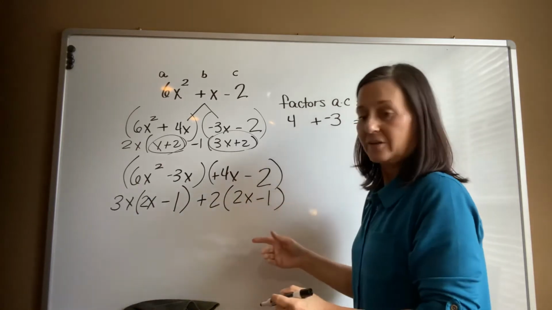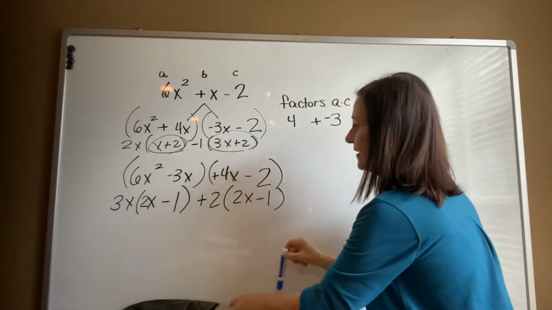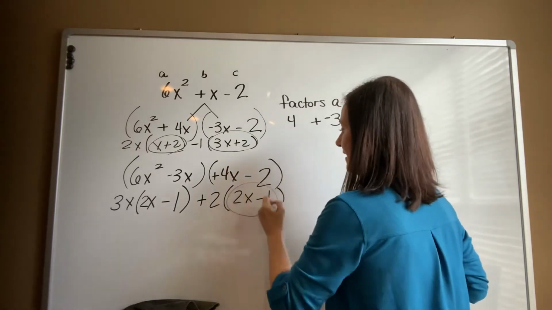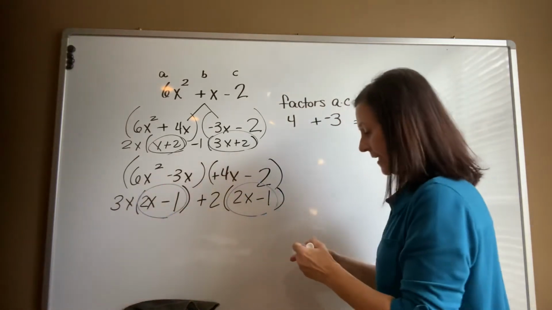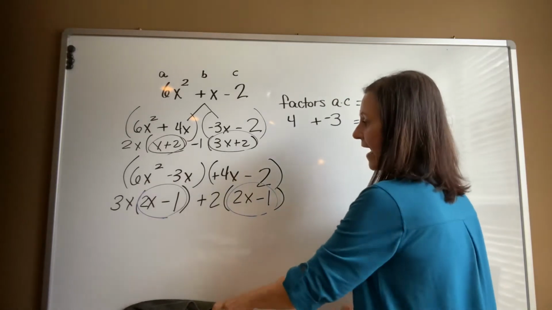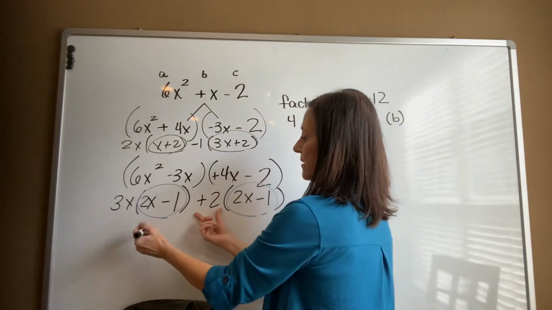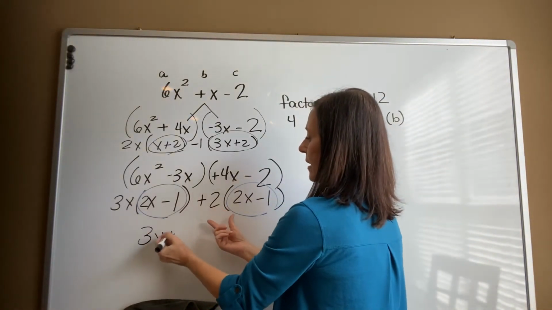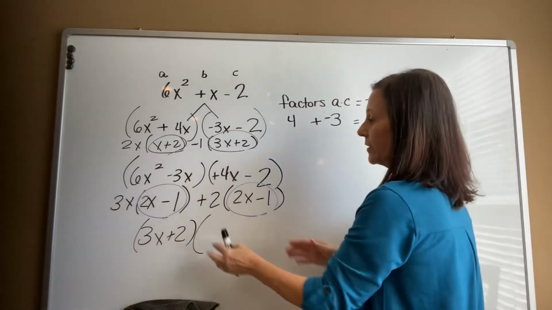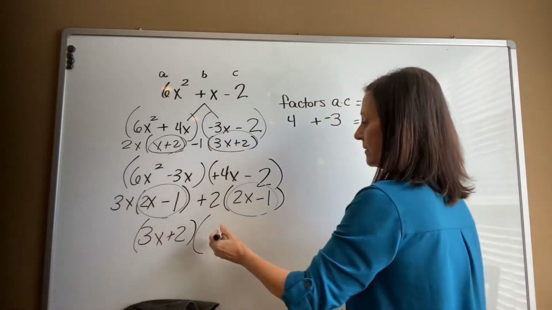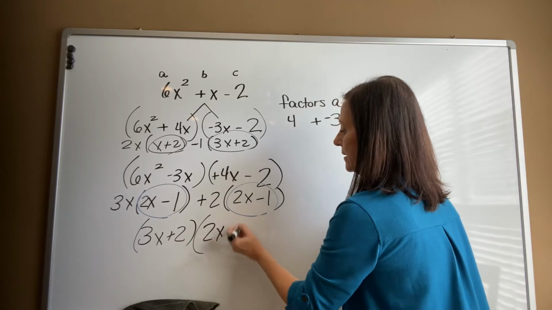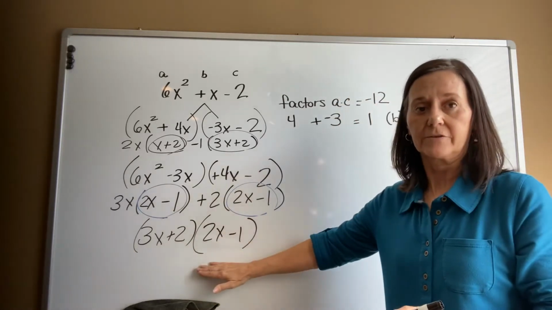All right, look, what I have in these parentheses is the exact same value. That's where you want to get. And so my factors are, I take what's outside of the parentheses, 3x plus 2, and then times what's in the parentheses, 2x minus 1, and that's my factors.